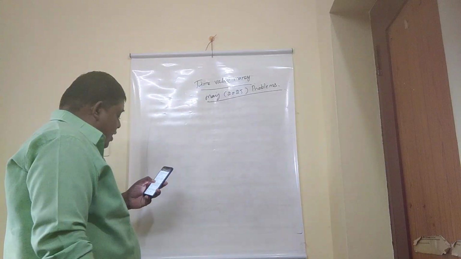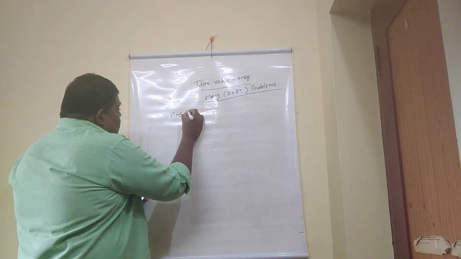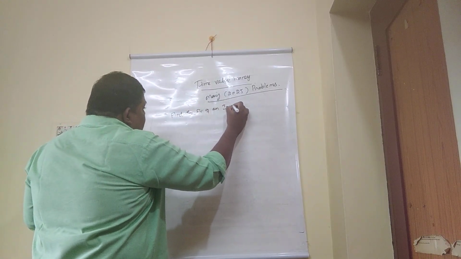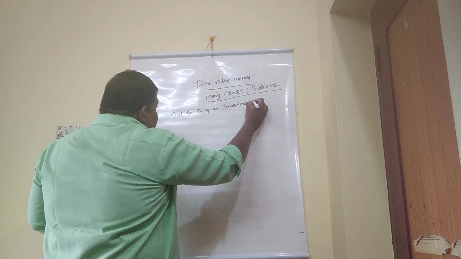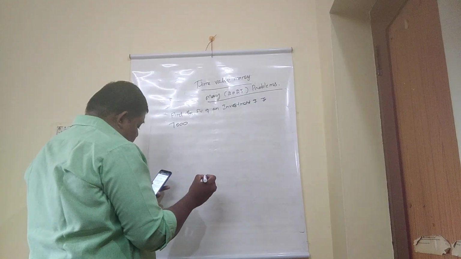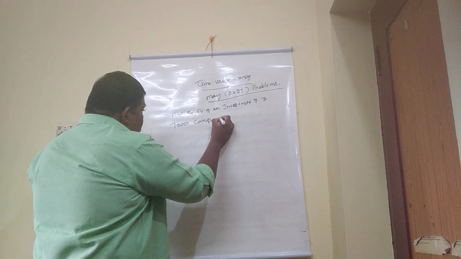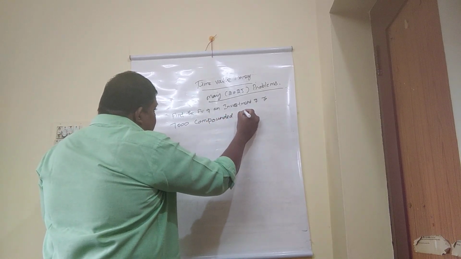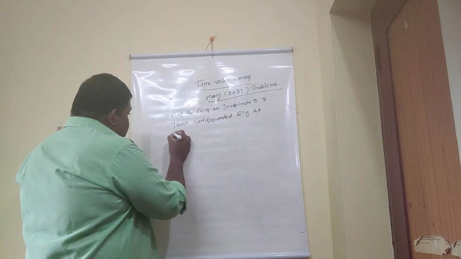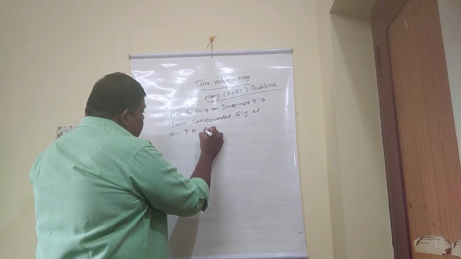So now the question is: find the future value of an investment of rupees 7,000 compounded quarterly at 10% per annum for 3 years.